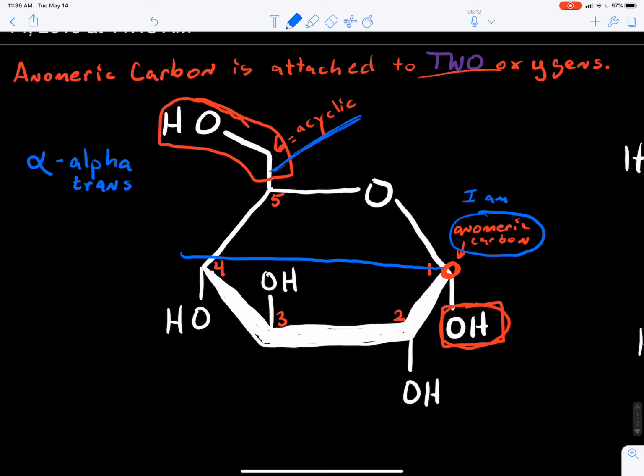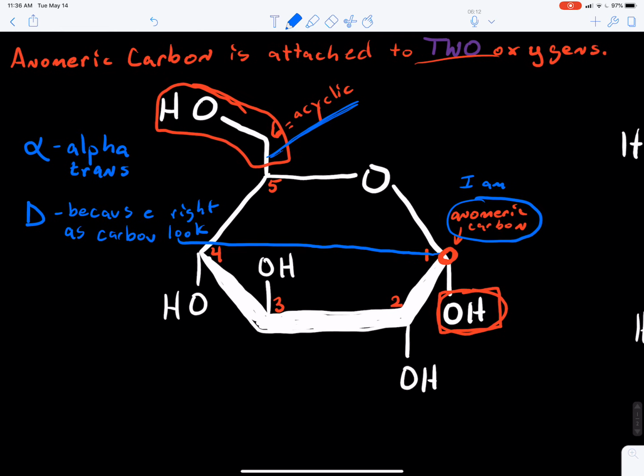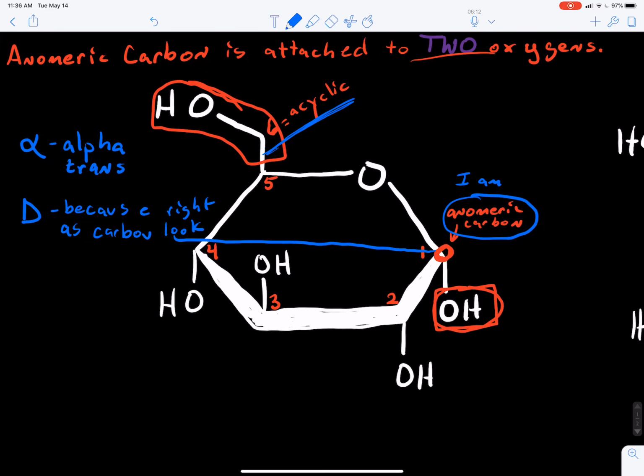So this one is going to be D because it's on the right. So if you're the anomeric carbon looking down that direction and it's on the right, it is a D. And this sugar is then alpha-D-glucopyranose.